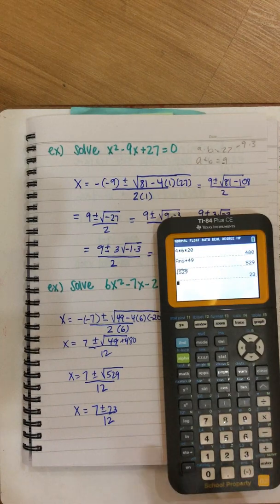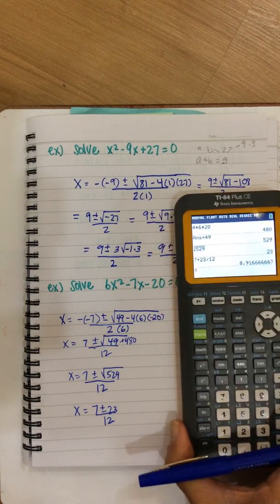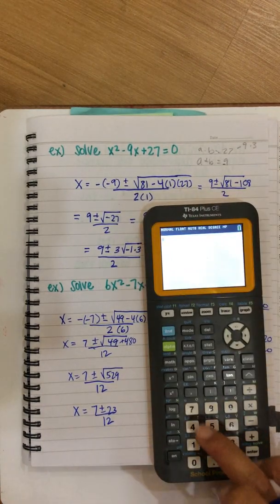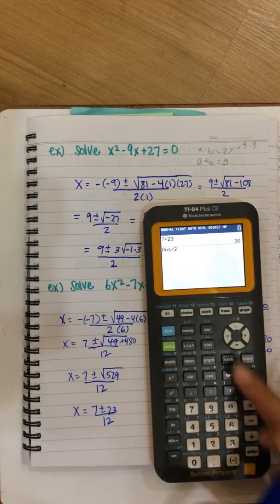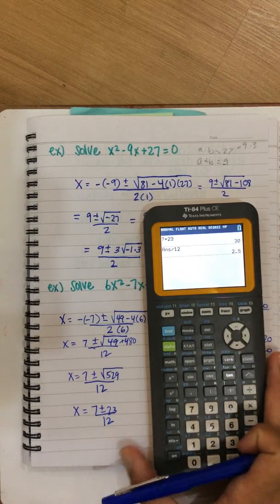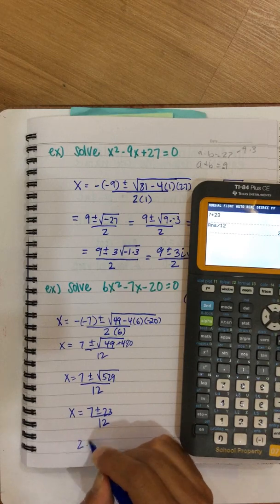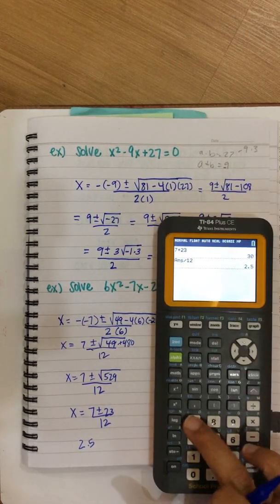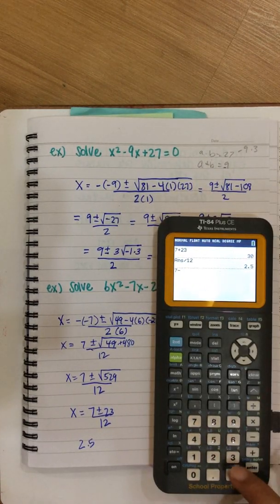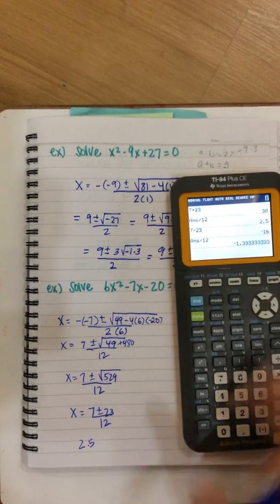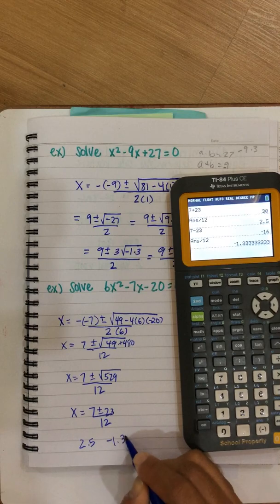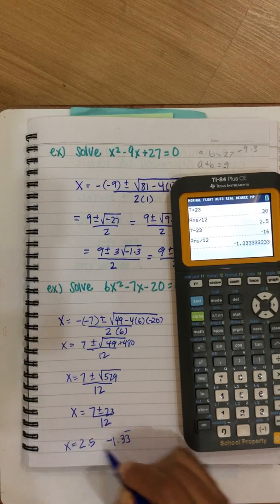Okay, so let's see. 7 plus 23 divided by 12 is, whoops, that's not right. I need order of operations. 7 plus 23 divided by 12 is 2.5. And then 7 minus 23 divided by 12 is negative 1.33 repeating. So those are my two values.